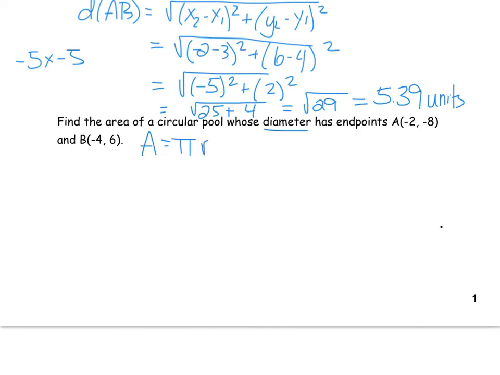Well, that's pi r squared. So the value you need to find before you can calculate this is r. R is the radius. Well, remember the radius is 1/2 the diameter. So you need to find the diameter. Well, the diameter is going to be the distance between A and B. So we need to find that.